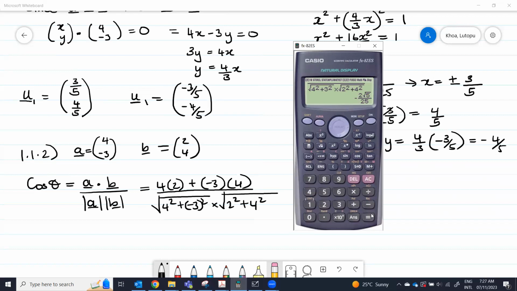Okay, so this gives us -2 root 5 over 25.